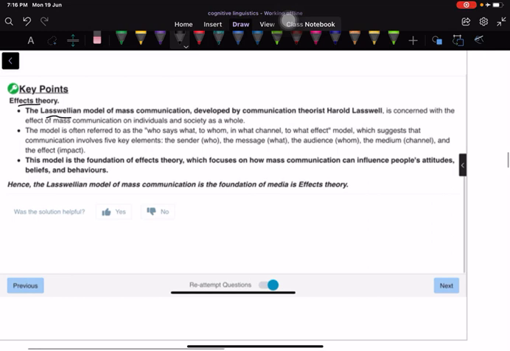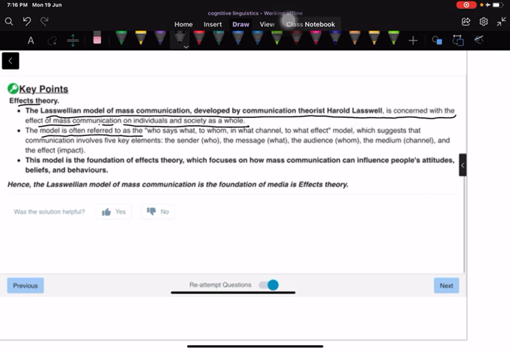Effects theory. The Lasswellian model of mass communication, developed by communication theorist Harold Lasswell, is concerned with the effect of mass communication on individuals and society as a whole. The model is often referred to as the "who says what to whom in what channel to what effect" model, which suggests that communication involves five key elements: the sender (who), the message (what), the audience (whom), the medium or channel, and the effect, or impact.